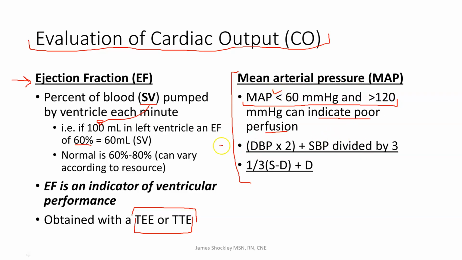So there's a couple formulas that you can use. I don't care which one you use, whichever one you're comfortable with. Diastolic times 2 plus systolic, divided by 3, that's just too much for me. I want you guys to be able to do stuff quickly. So I much prefer this one, because then if I just look at that number and it is between 60 and 120, I know my client's perfusing.